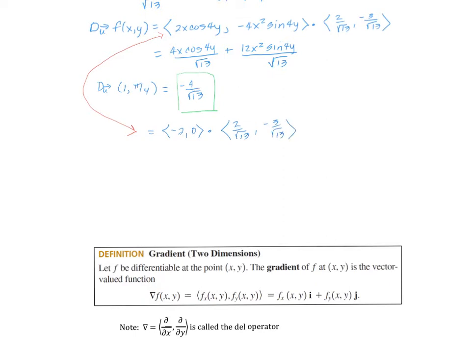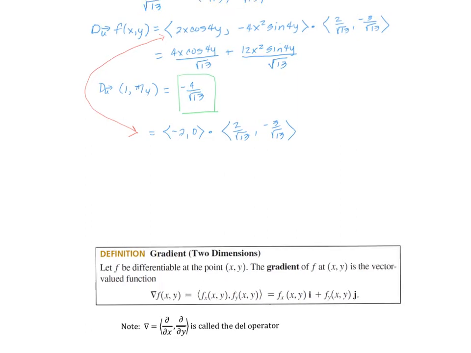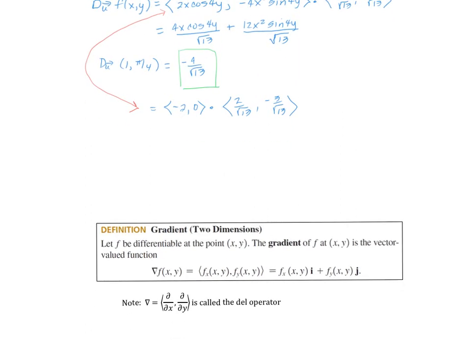So really it's only necessary to compute the directional derivative and keep in the variable x, y all the way through if you're not evaluating it at a certain point. So does this end up to be negative 4 over the square root of 13? Yes. So the second term would be 0.